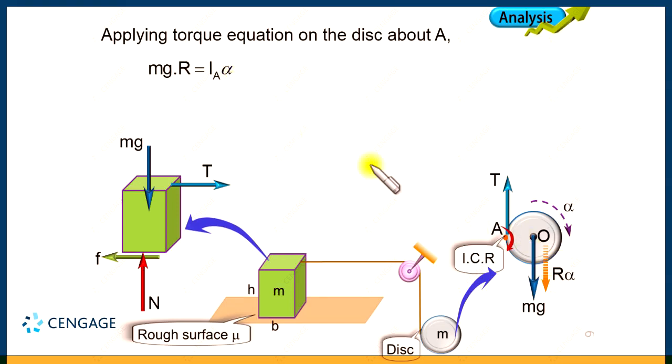Regarding moment of inertia, we know that this is a disk having moment of inertia mr square divided by 2 about an axis passing through O and perpendicular to the plane.